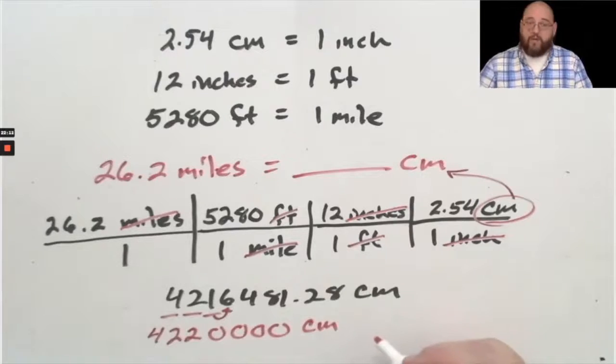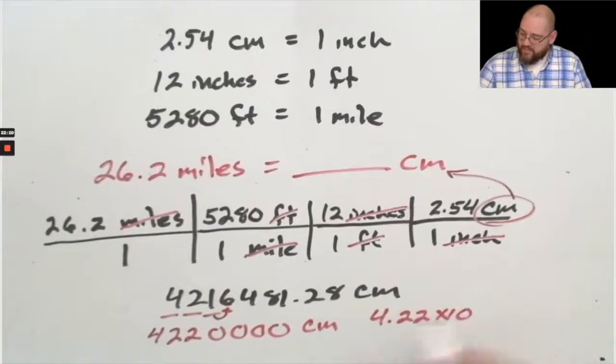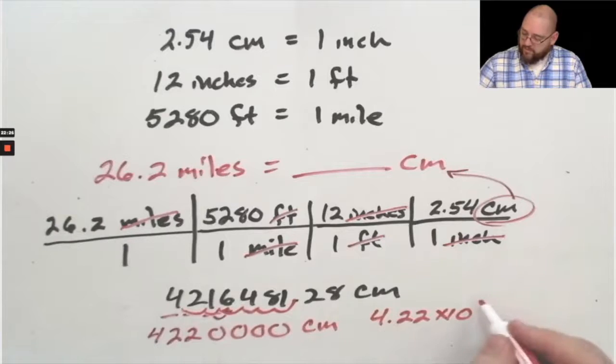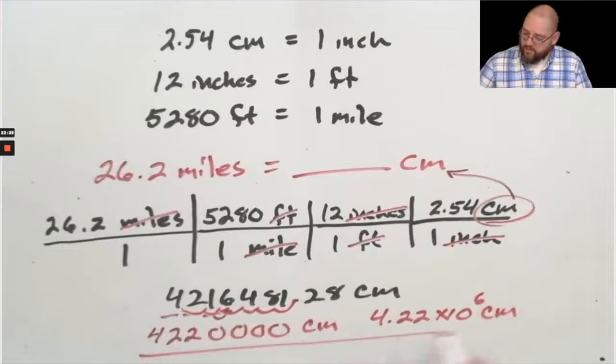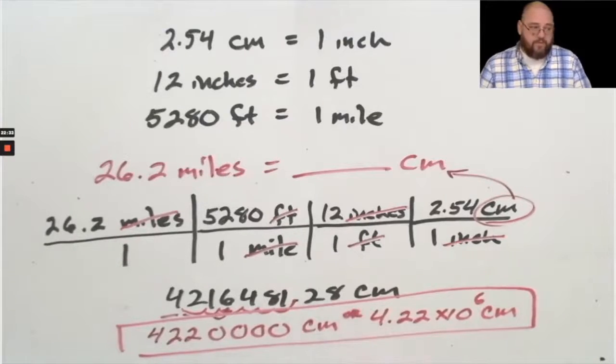Or, and the way that I would prefer it be done in a lot of cases, is to have 4.22 times 10 to the 1, 2, 3, 4, 5, 6. So we put it in scientific notation. So these are the two ways that we could write our answer.